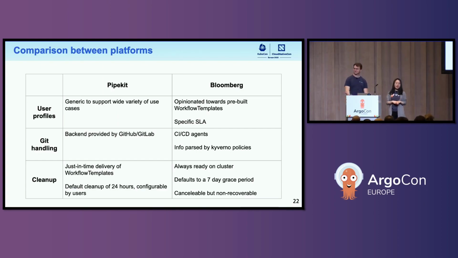But on the other hand, we face some specific SLAs as a company's internal platform. For the Git handling, we don't have that in-depth integration with GitOps, but we do provide some CI/CD agents for our users to make use of. Also, we do use Git versions, more from an infra perspective.